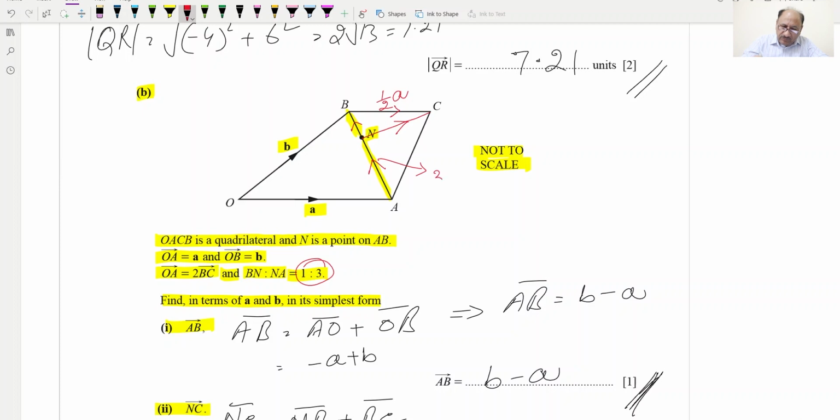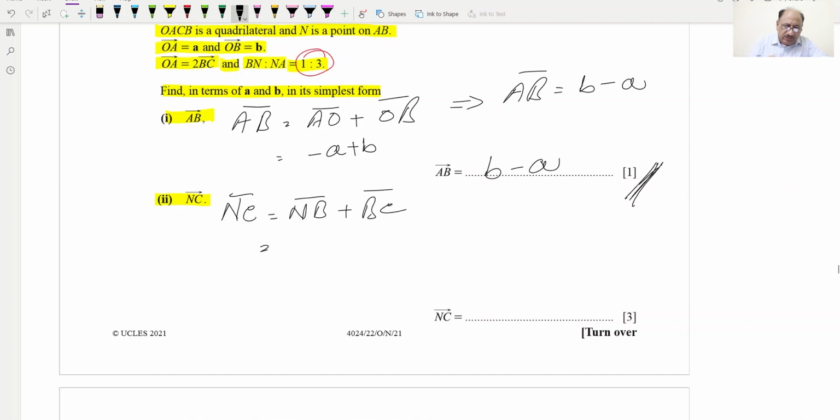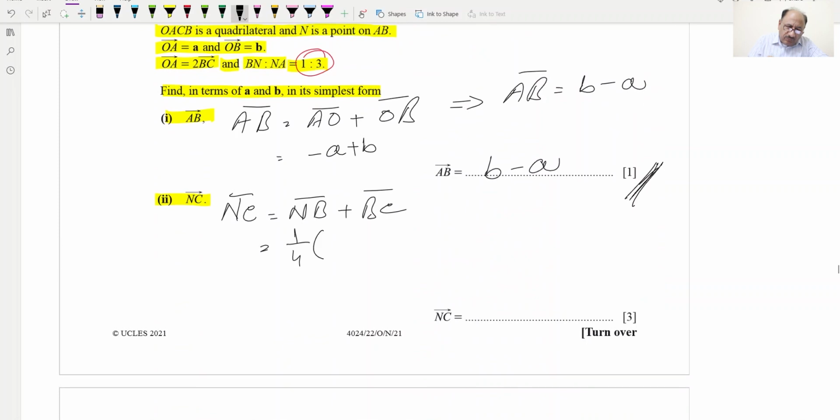AN is 3 by 4 of B minus A. Similarly, this vector NB is equal to 1 by 3 of B minus A, it's not 1 by 3, it should be 1 by 4. 1 by 4 of B minus A. So we can write here 1 by 4 of B minus A plus BC, and BC is 1 by 2A.